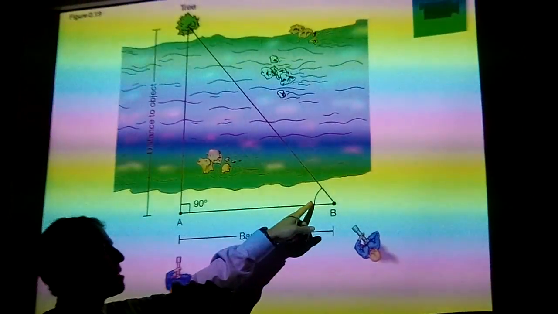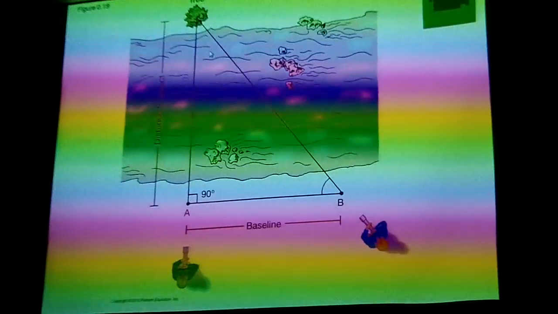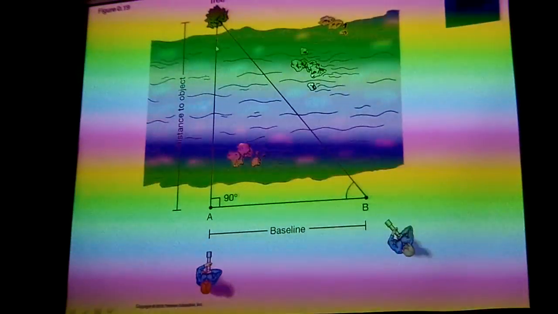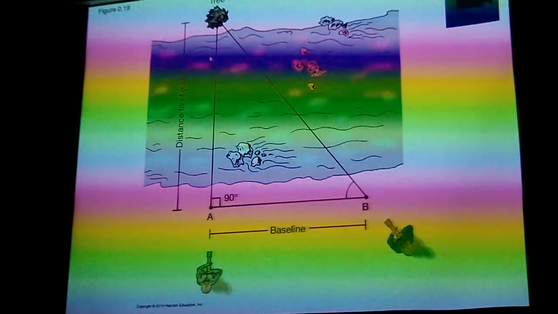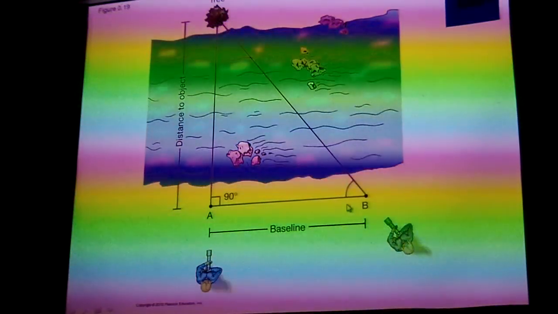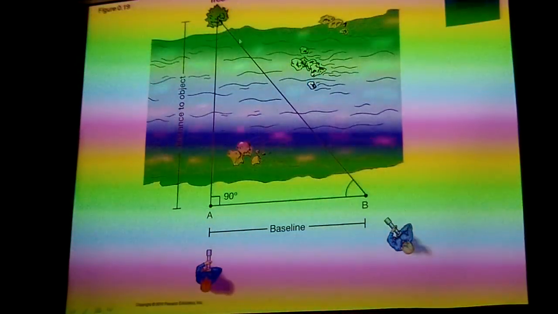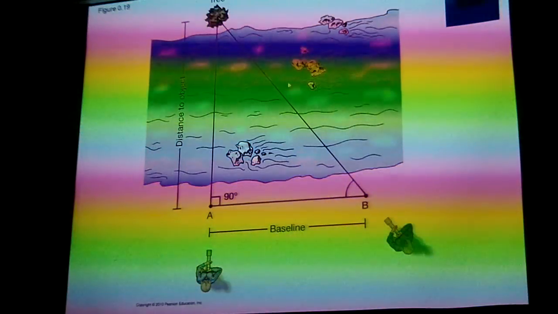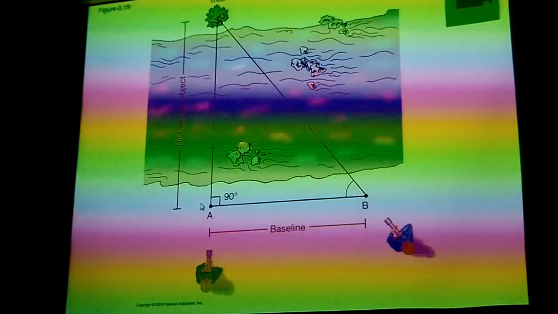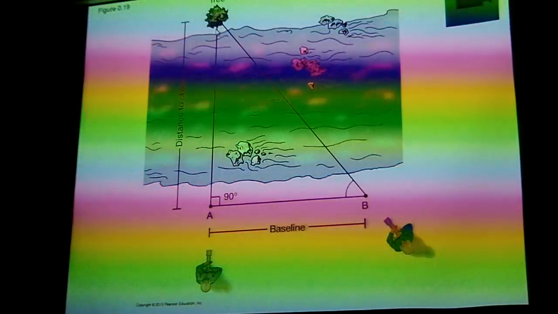And so if you know this is 90, and let's say that's a 45-degree angle, what do you know that angle is? 45. Y'all have done math before, right? The three angles of a triangle equal 180. So 90 plus 45 plus 45. So if we knew that was 45, we knew that was 45, and we knew this baseline, we can figure out this. Do you know how we can figure it out?